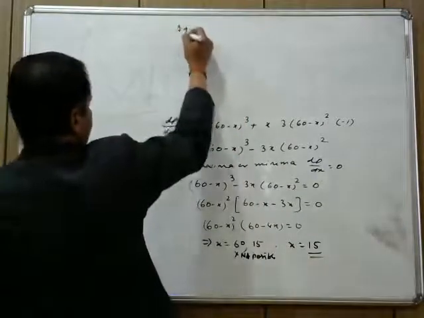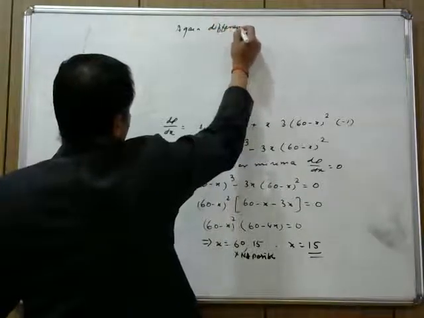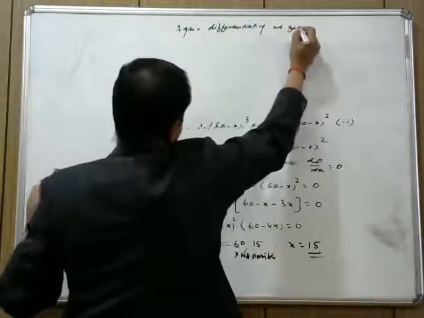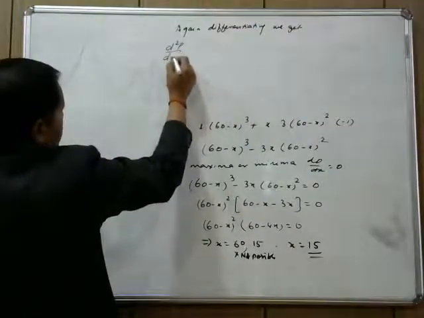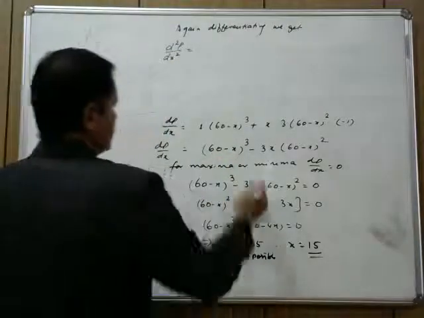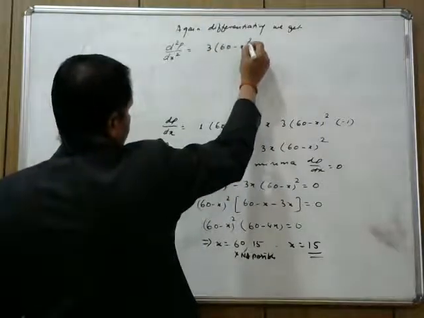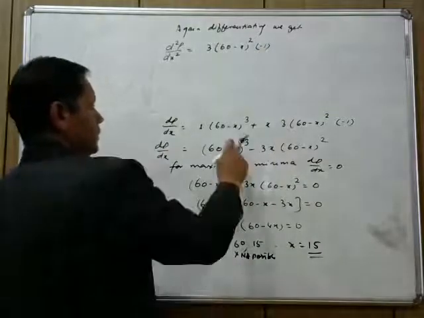Again differentiating, we get d2p by dx square is equal to (60 minus x) whole cube differentiation will have 3 (60 minus x) whole square into minus 1, right?